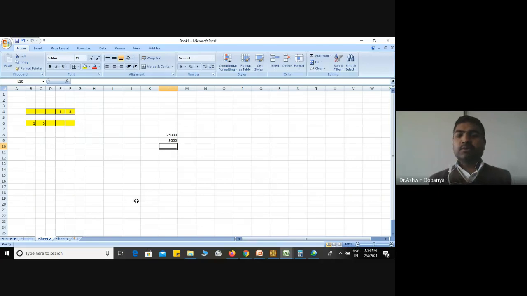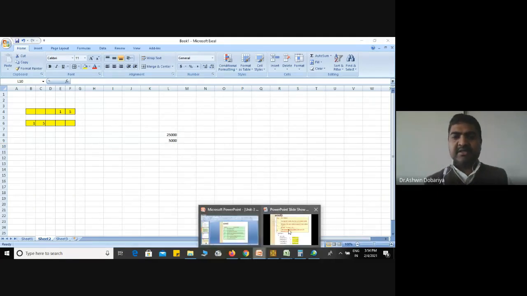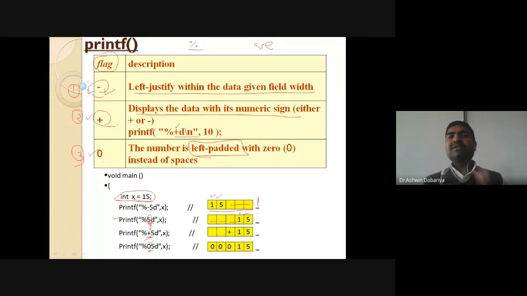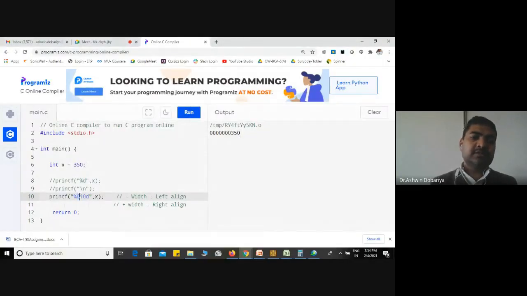So if you want to display additional 0 in place of space, then 0 will be used in place of the flag. So there are 3 flags used: minus, which displays the data left aligned; plus, right aligned; and 0, which will be padded, or you can say replaced, in place of space. I think other than 0, it is not supported. Let me see whether star is supported or not.